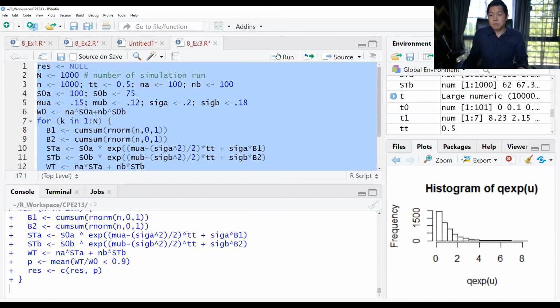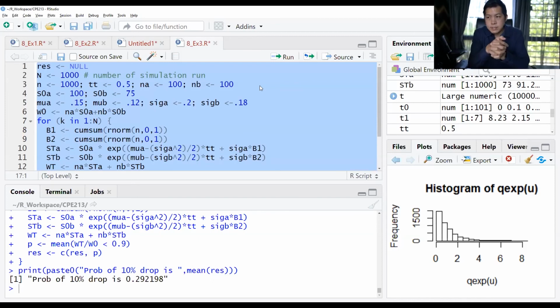It becomes about 0.3. What does that mean? It means that if you go with this allocation, there's a chance of 30% that your worth would drop by 10%. Okay, that you will be poorer by 10%. 30% of that.